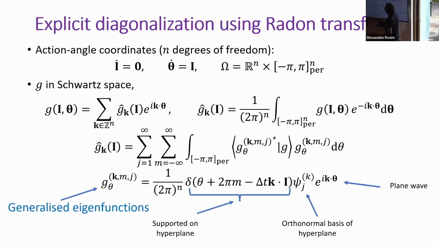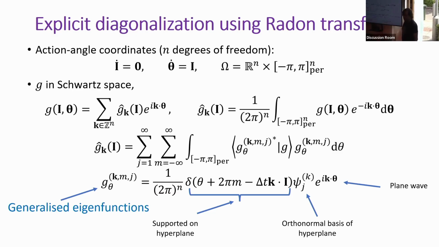What I'm getting at is you can write any observable G inside a Schwartz space as an integral of an inner product of G with these generalized eigenfunctions, which are distributions that correspond to delta distributions along hyperplanes associated with the action variable, and then you've got this orthonormal basis over the angle variable.